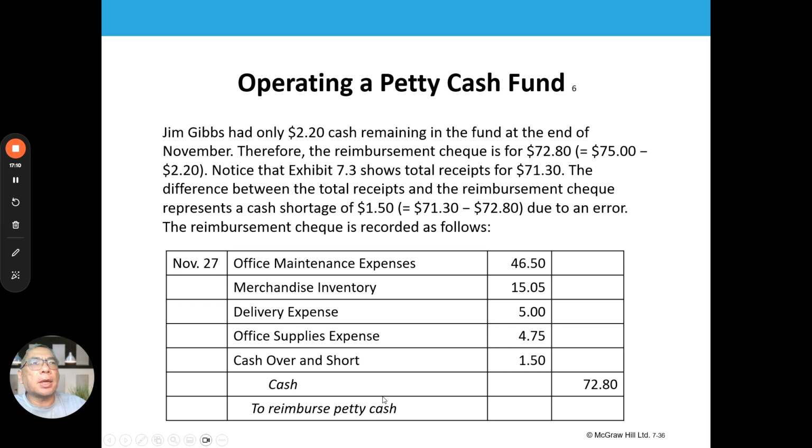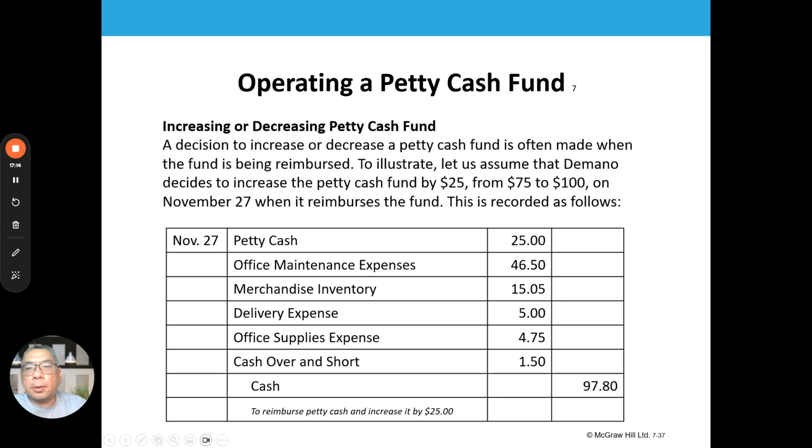Remember, you have to post the journal entry for all your petty cash expenses. When you increase petty cash, an addition to or decrease of the petty cash fund is often made along with the reimbursement, for example petty cash fund from 75 to 100.